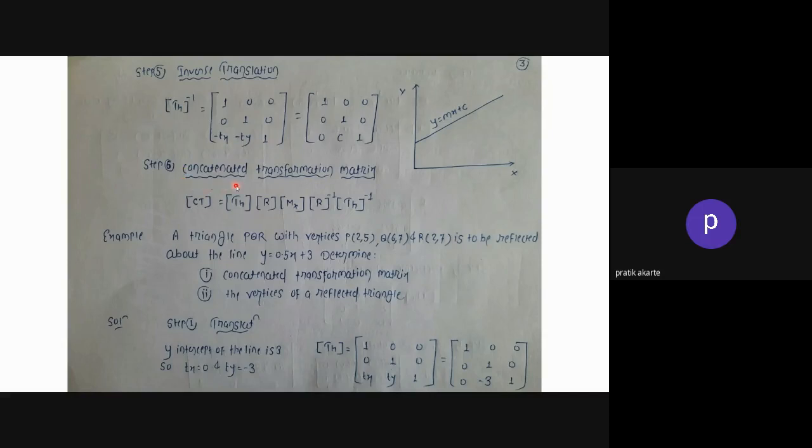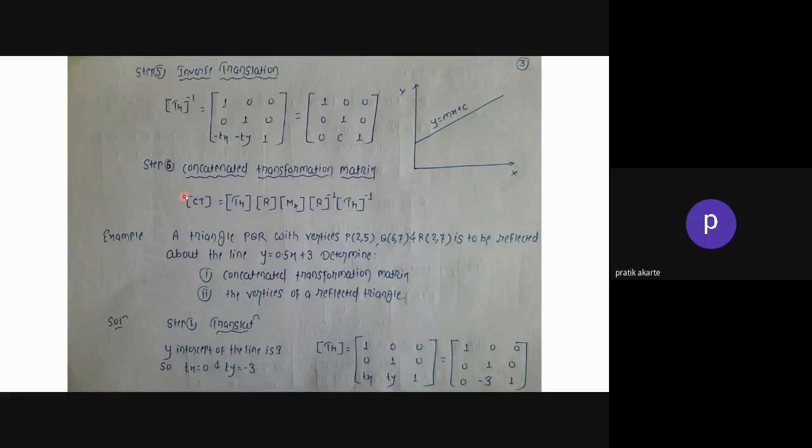That is what we also call the composite transformation matrix. The definition of a concatenated transformation matrix is a matrix which consists of more than one transformation. Here we have 5 transformations, so that's why it is called a concatenated transformation matrix.